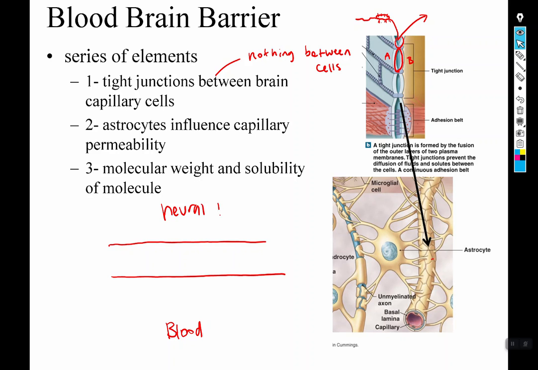So this is an astrocyte foot. So transcytosis is where there's endocytosis on one side, and then the vesicle just goes right on across, and there's exocytosis on the other side. So any nutritive molecules or anything that might need to get transported to the neural tissue can go through the astrocyte foot like that, but the astrocyte gets to decide what crosses and what does not. So that's kind of the deal there.